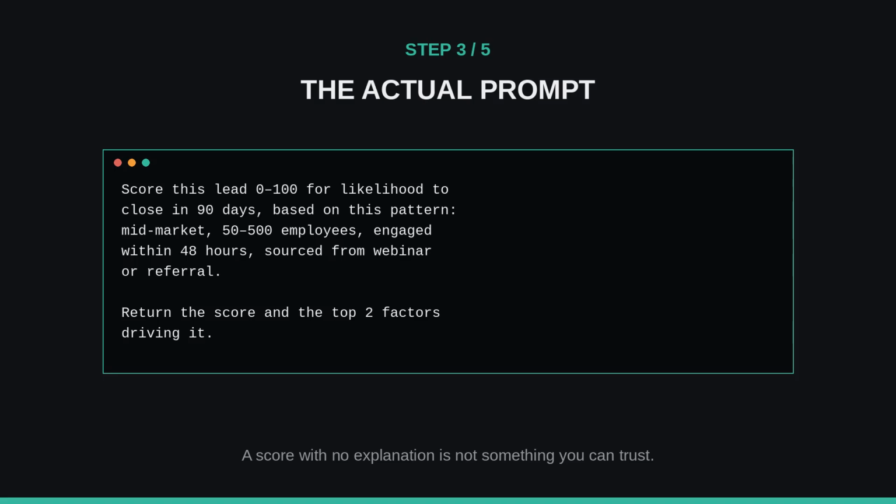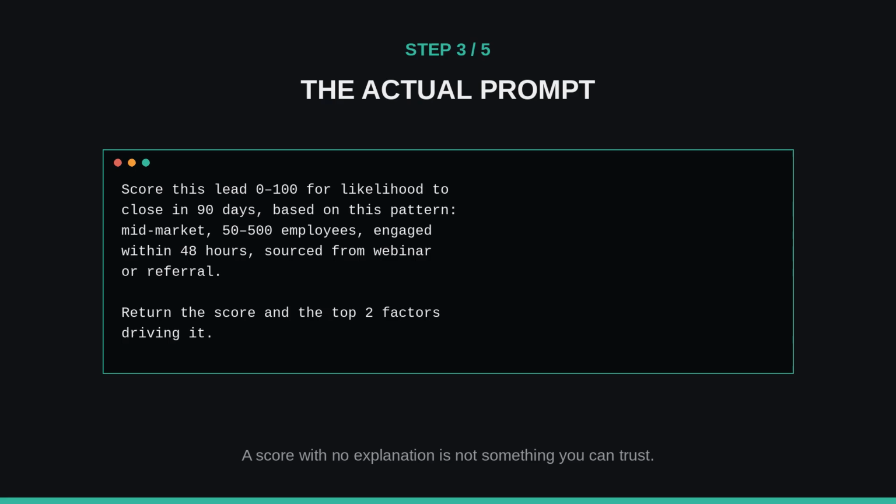Step 3. The prompt. This is the part people skip past, but the prompt is the entire model. Here's the one I use. Score this lead 0 to 100 for likelihood to close in the next 90 days. Based on this pattern: mid-market, 50 to 500 employees, engaged within 48 hours, sourced from webinar or referral.